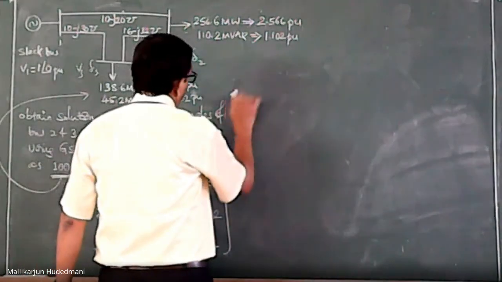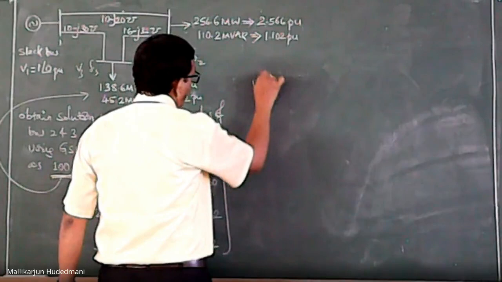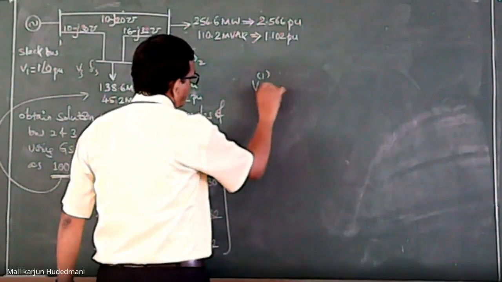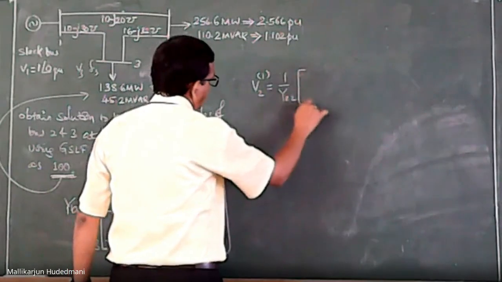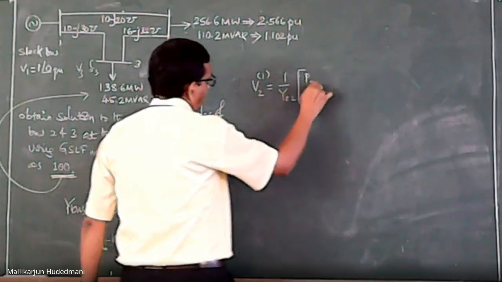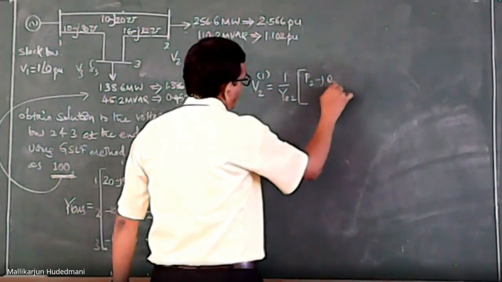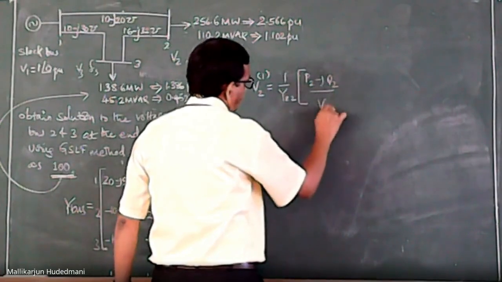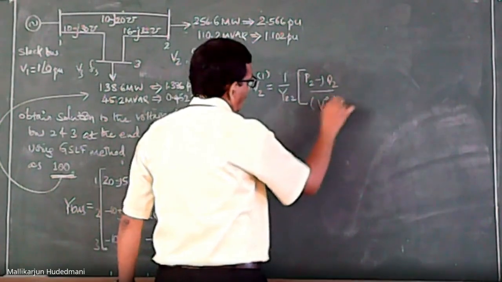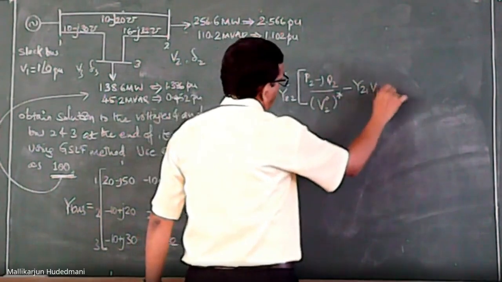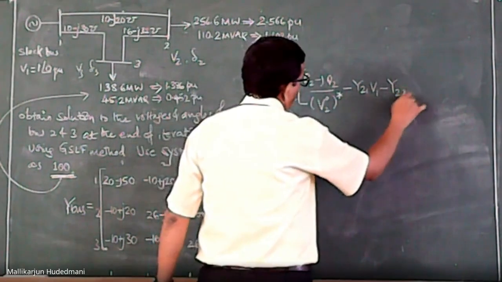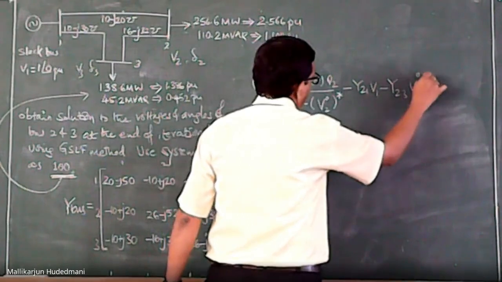Therefore, I write V2 of 1 is equal to 1 by Y22 inside the bracket. Let me write here (P2 minus jQ2) divided by V2(0) conjugate minus Y21 V1 minus Y23 V3(0).